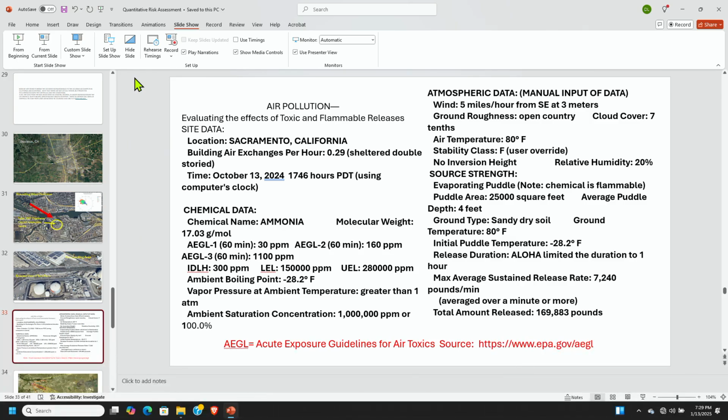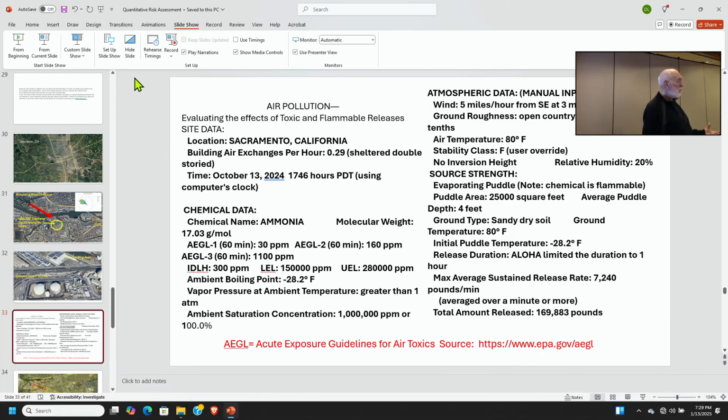And they have 3 classes, 1, 2, and 3. 60 minute AEGL1 is 30 ppm. 60 minute at AEGL2, 160 ppm. And the AEGL3 is 1100 ppm. IDLH is 300 ppm. IDLH is immediately dangerous to life and health.